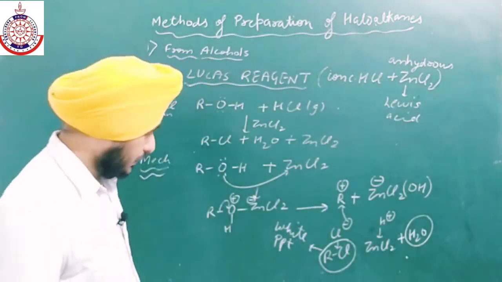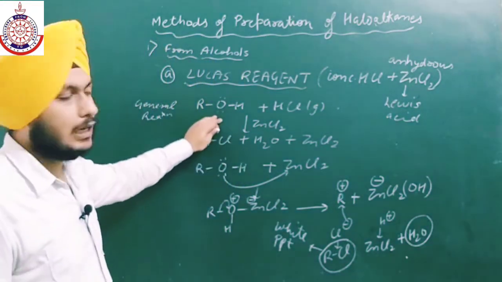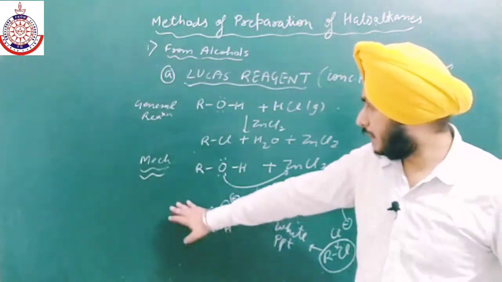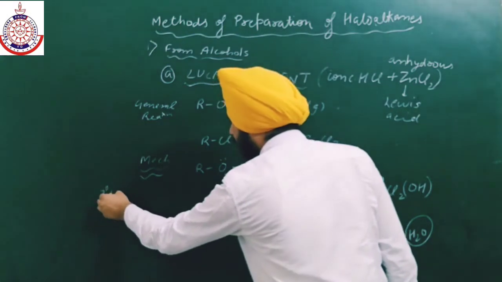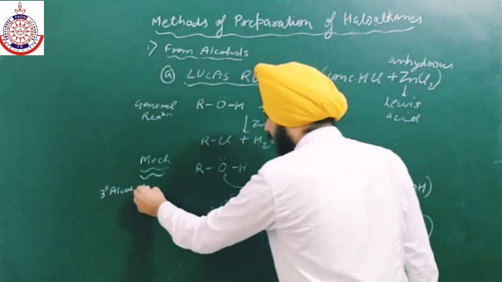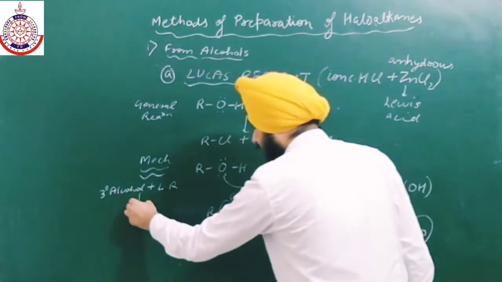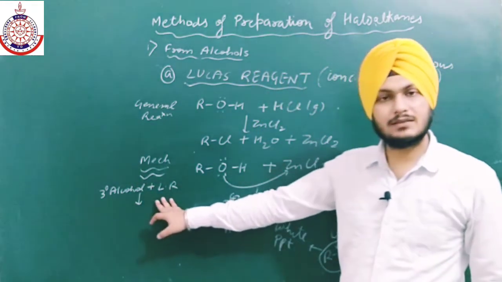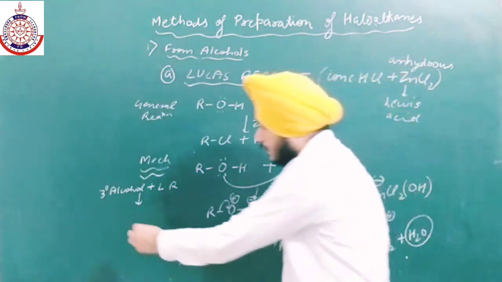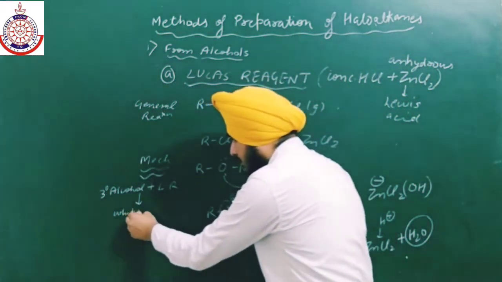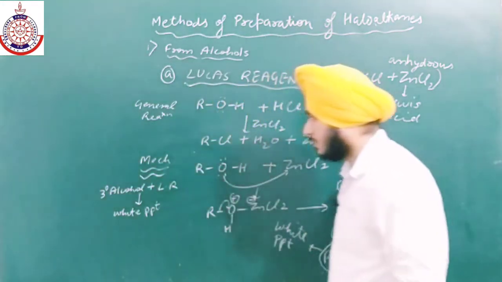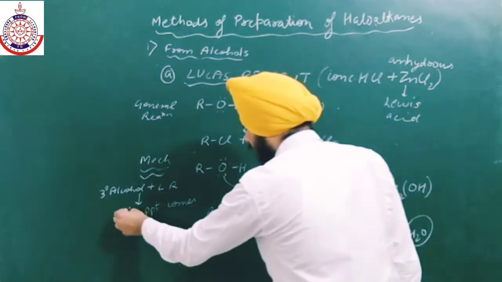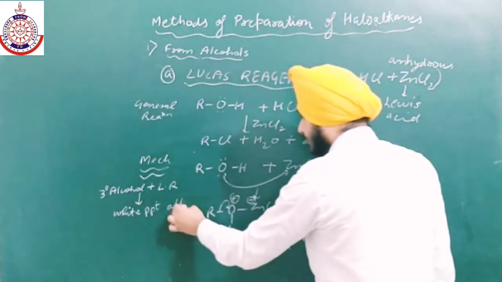Okay, so if we have 3-degree alcohol and we react it with Lucas reagent, then the white PPT comes or appears immediately.